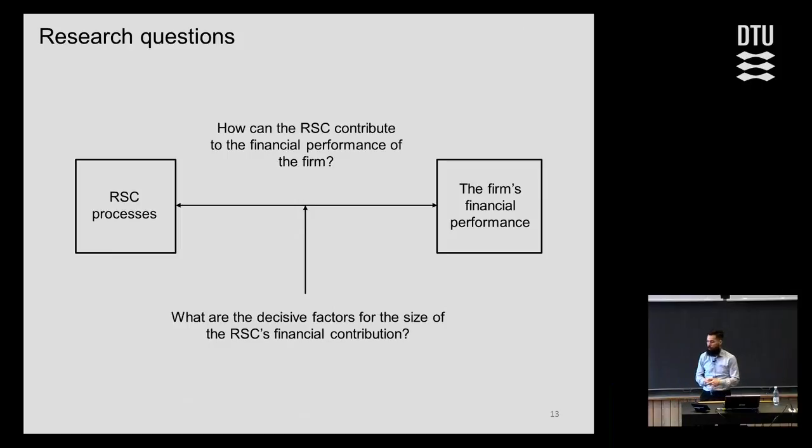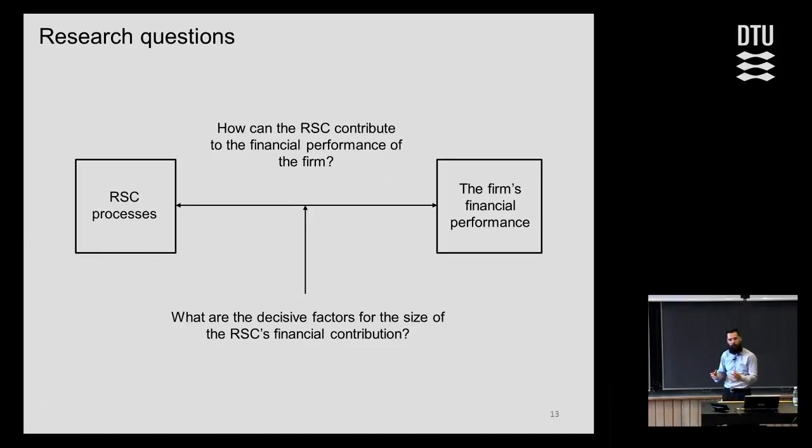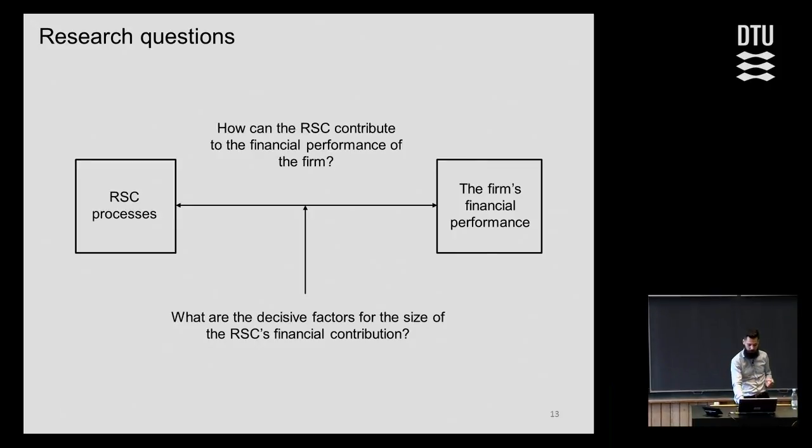The answer to this question is a set of ways, a set of channels through which the processes can increase the firm's financial performance. The second question asks, if a firm pursues any of these ways, then what are the decisive factors for the size of the contribution that the reverse supply chain can make, and also whether this contribution is positive at all.